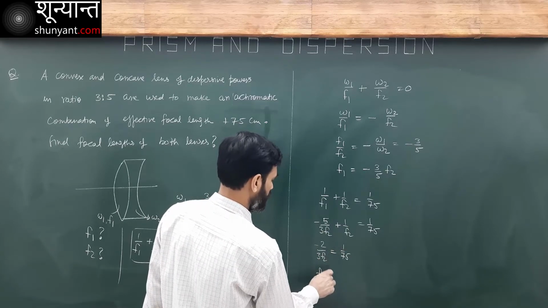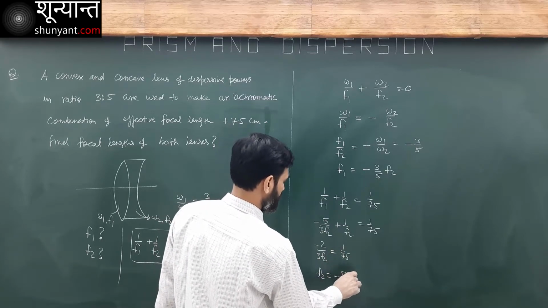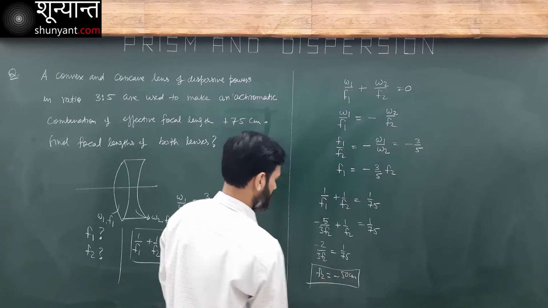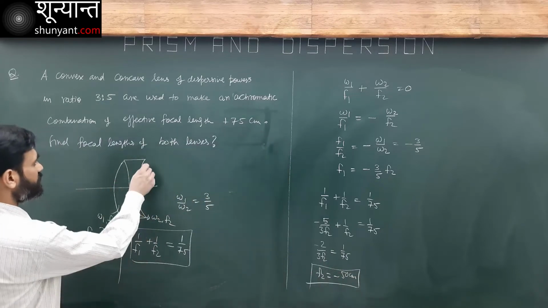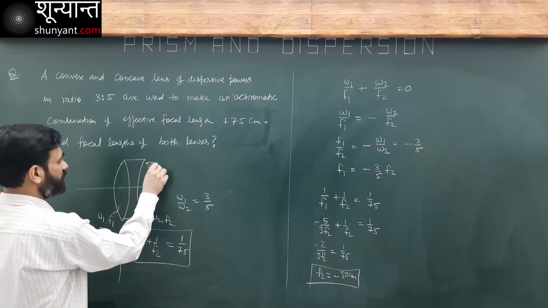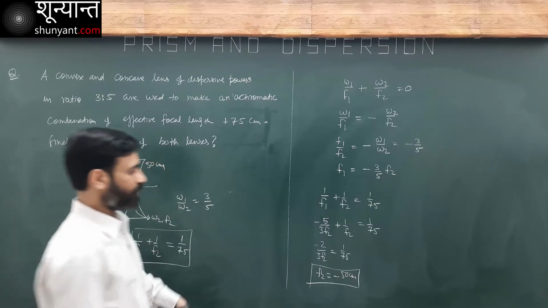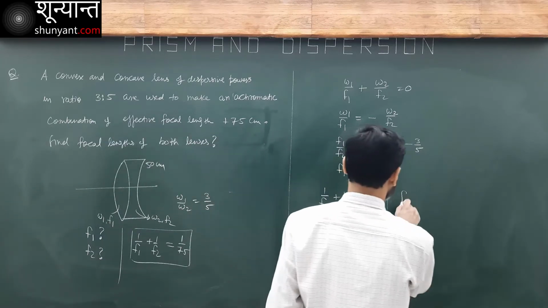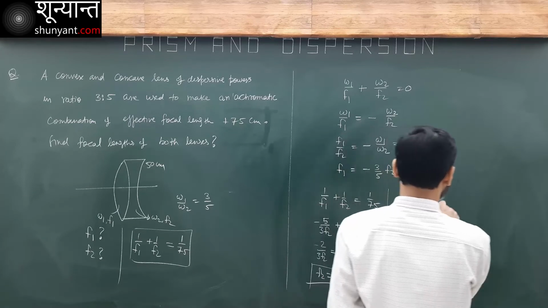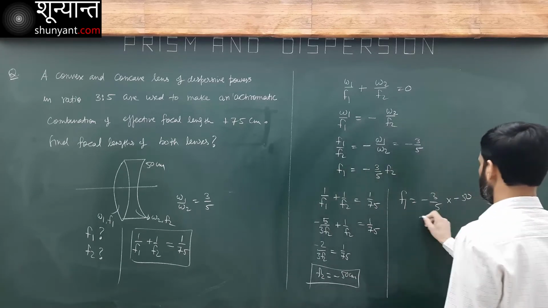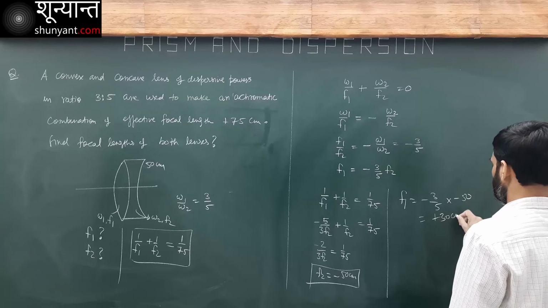I have f2 is minus 50 centimeter. So this is a 50 centimeter concave lens. So what will be f1? f1 is minus 3 over 5 into minus 50. This is plus 30 centimeter.